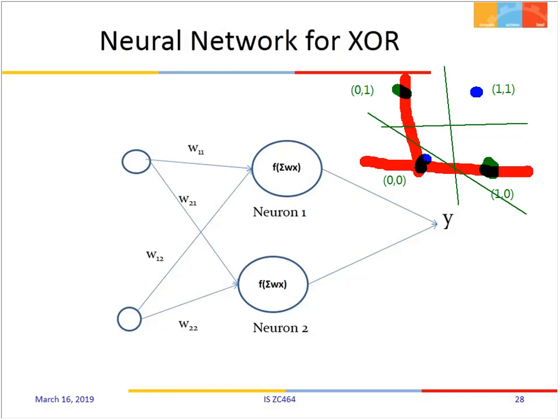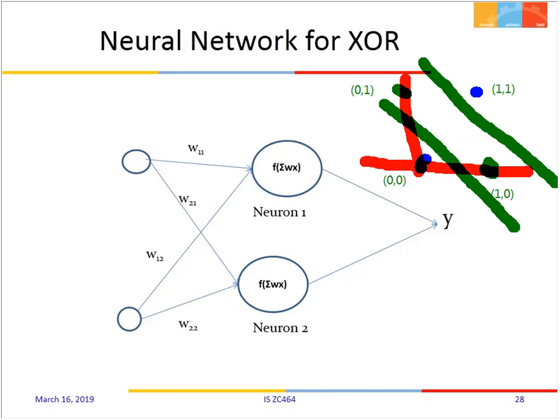If I do some more changes, let me remove these lines. Okay, and I have one line here, another line here, then we are able to separate the data into two separate classes, one which only includes blue samples and another which includes only green samples belonging to the class 1.